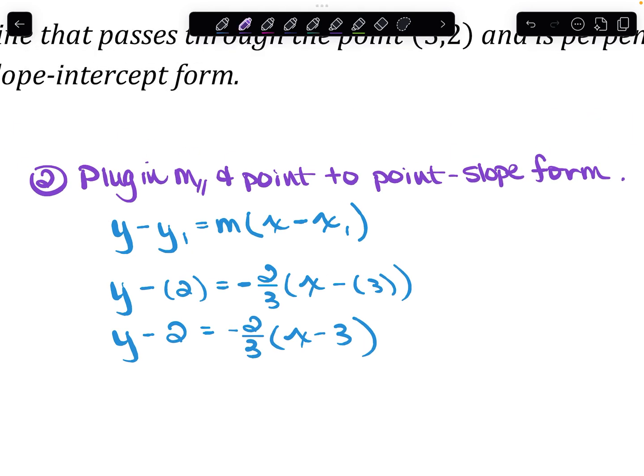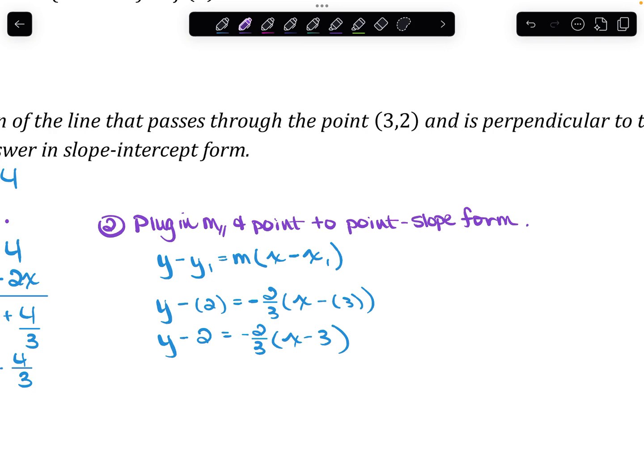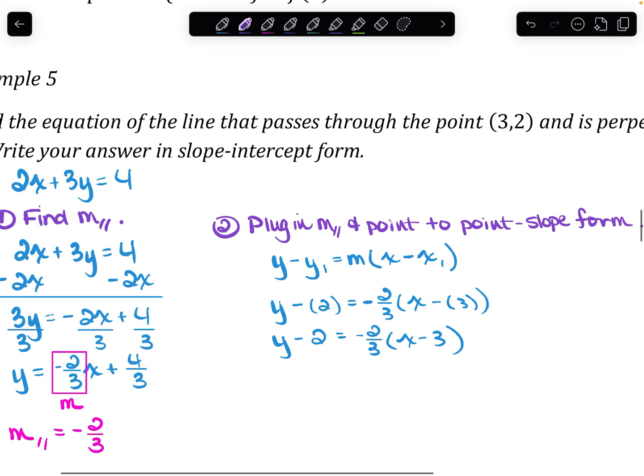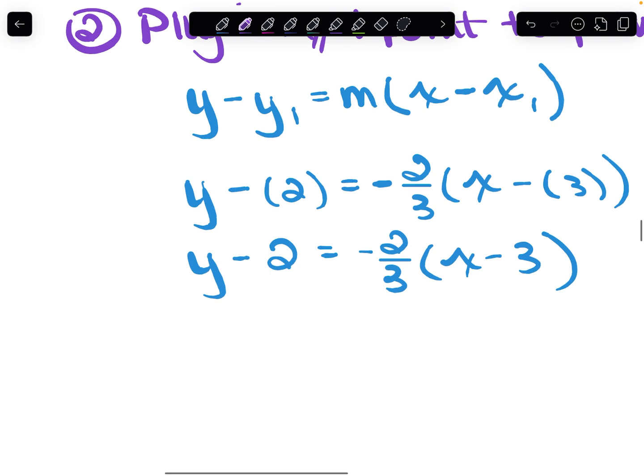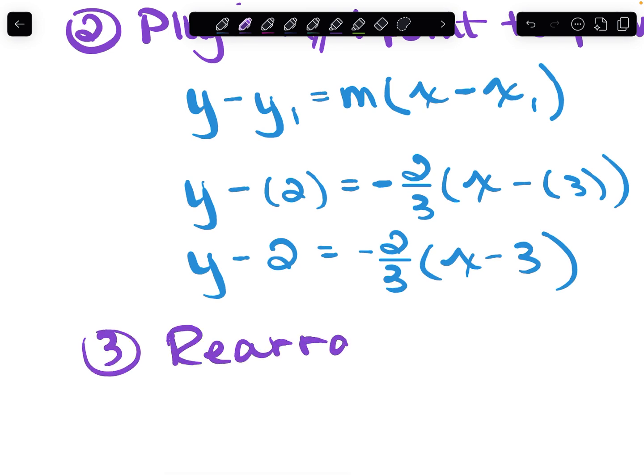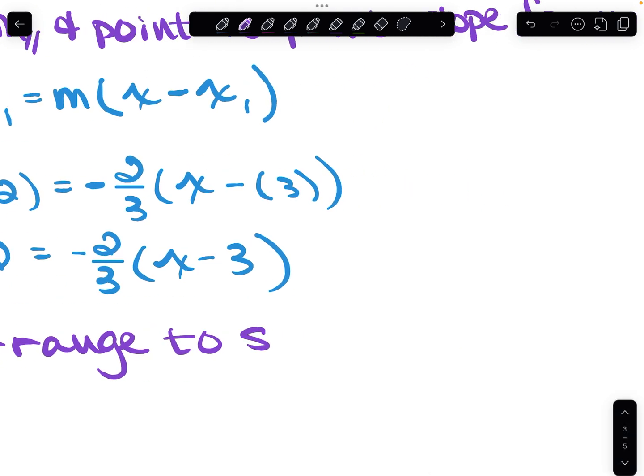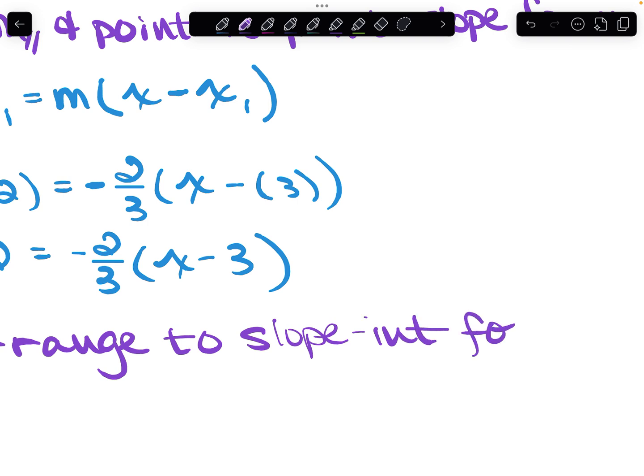So once we have it in point-slope form, then you rewrite it in the form you're asked to give it. It says write your answer in slope-intercept form. So now we're just going to rearrange to slope-intercept form, which is your y equals mx plus b from your formula chart.